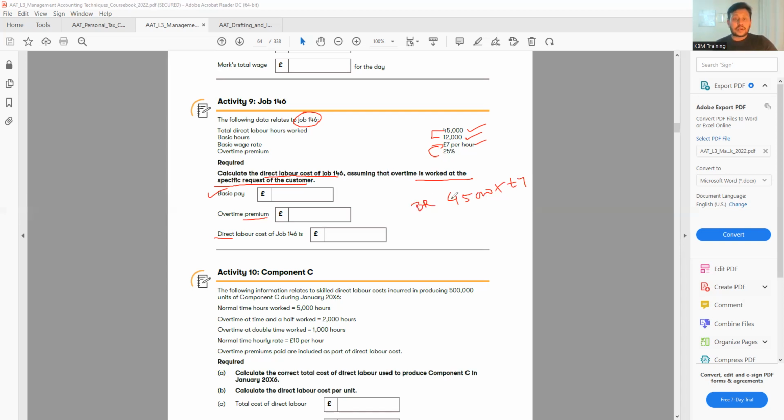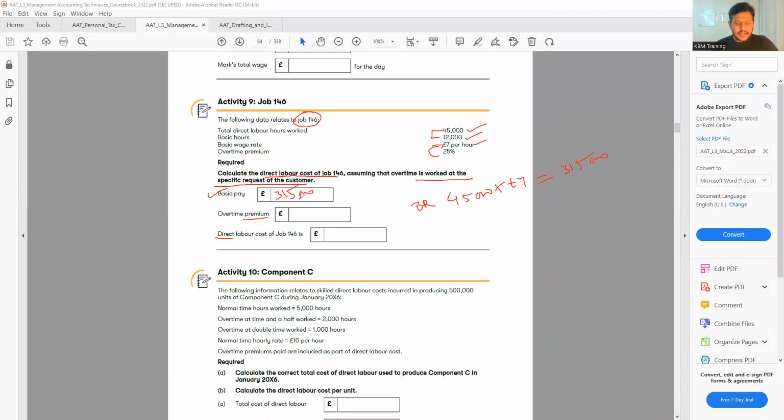For all the hours worked, minimum I will get 7 per hour anyway, because this is our basic rate. Basic means the minimum rate. So that will give us 315. Very well done. 315, so this is our basic pay.